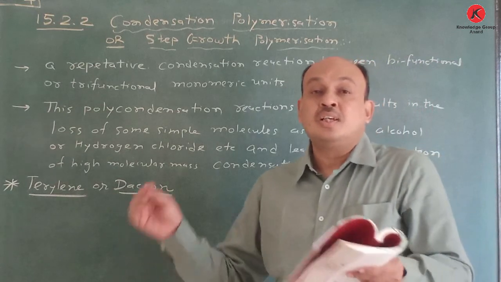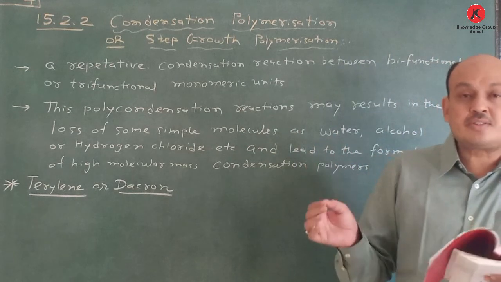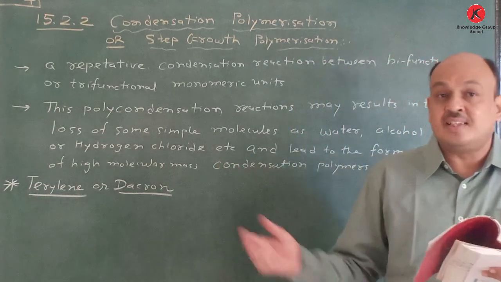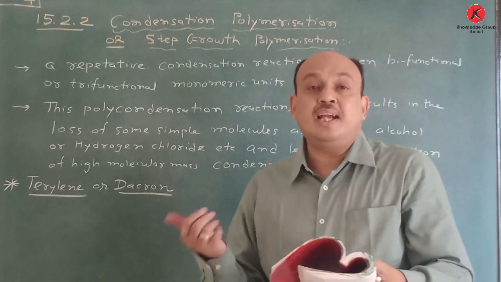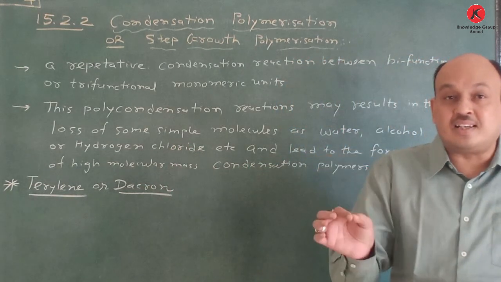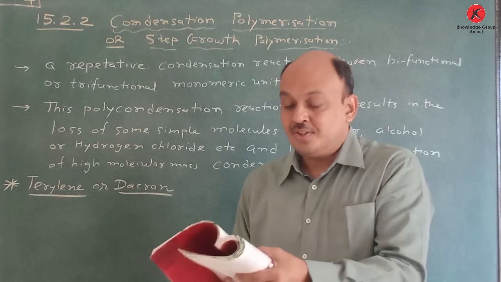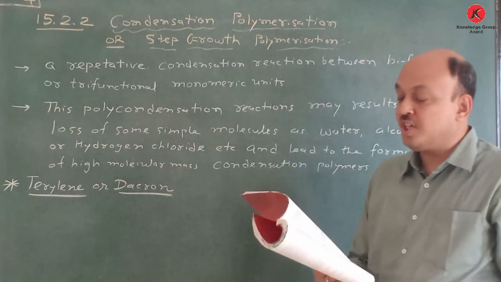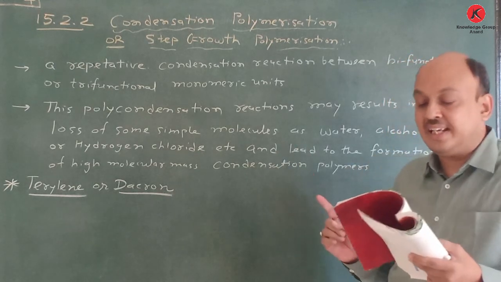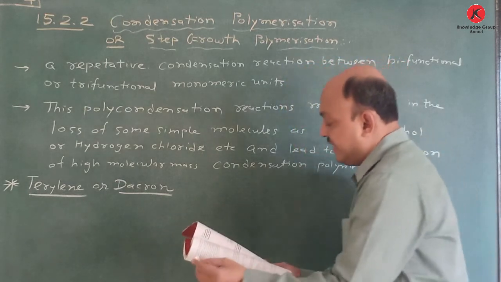When this undergoes condensation polymerization, from these two, H plus from the OH of the glycol and OH minus from the COOH is removed. So a water molecule is removed, and the repeating unit contains the ester functional group, and that is in polymer form. That's why it is called polyester. Remember, this is very important. So the formation of terylene or dacron by interaction of ethylene glycol and terephthalic acid is an example of this type of polymerization reaction. So we write the reaction.